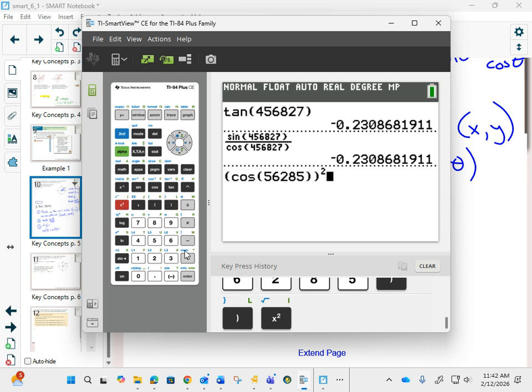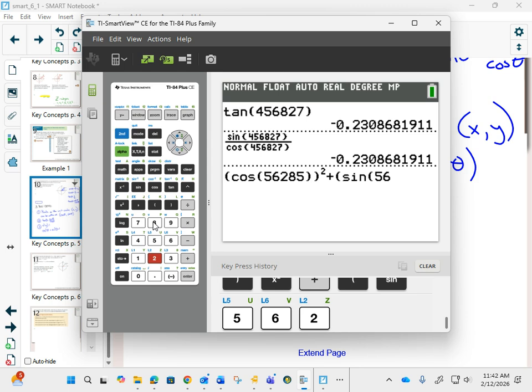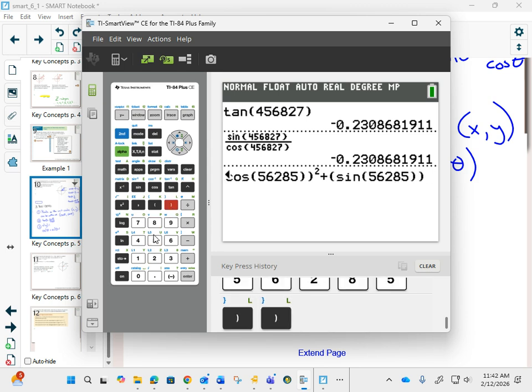If you're working along at home, quickly do the mental math. Remember 15 decimal places. And now we're going to do sine, put it in brackets, sine of 56285, close those brackets up and square it. Also, do the mental math. Figure that out in your head. Remember 15 decimal places.